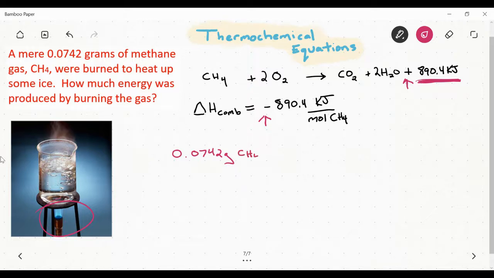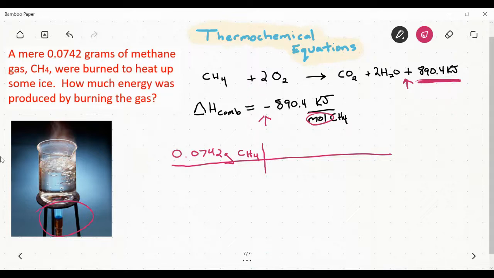And I want to find out how much energy. Energy could be given to us in joules or kilojoules, and we have right now before us a piece of data that is going to get us there. Here's an important thing. The bottom half of that unit is moles. So I know the very first thing I want to do is change those grams into moles.